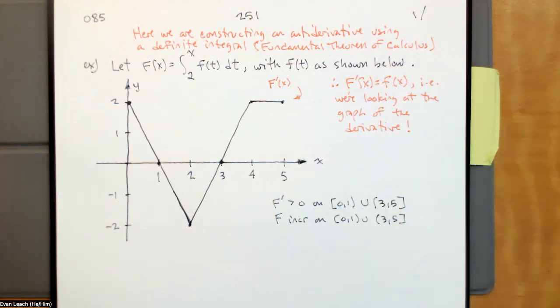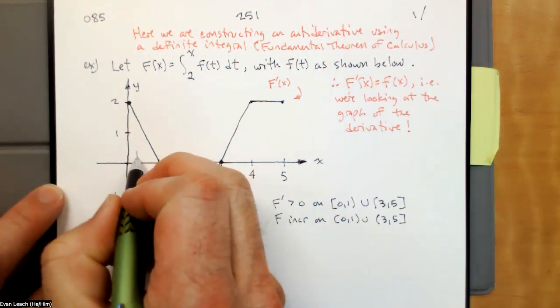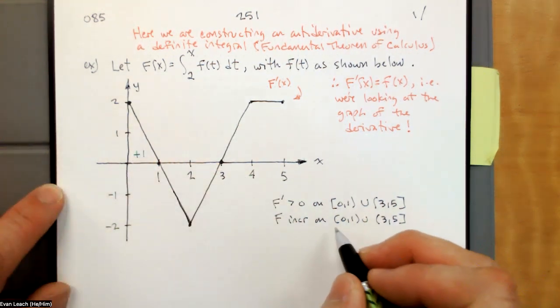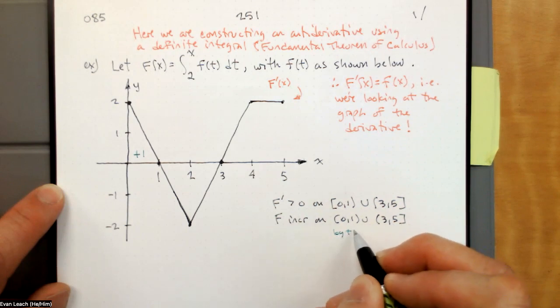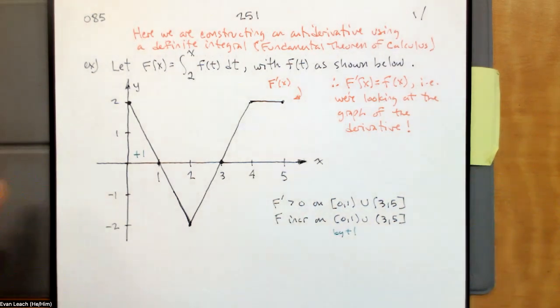We know that when the derivative is positive, the function is increasing, and we also know that the area will tell us how much. And we can easily see how much area we have. From 0 to 1, we see an area of positive 1. So our function, capital F, will increase by 1 on the interval from 0 to 1.